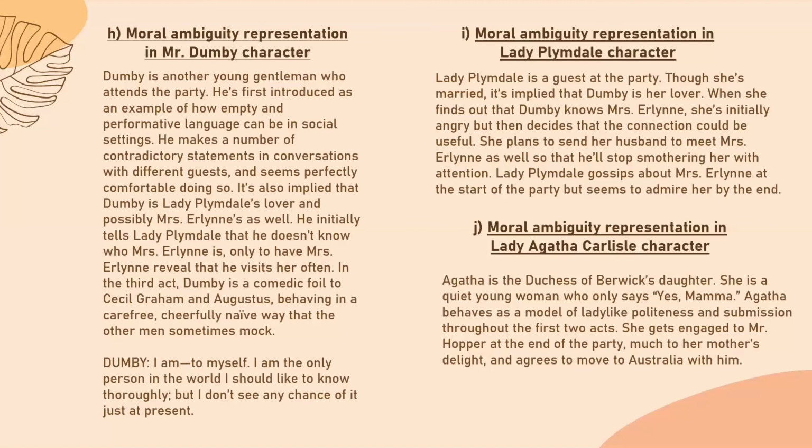She plans to send her husband to meet Mrs. Arlene as well so that he will stop smothering her with attention. Lady Plymdale gossips about Mrs. Arlene at the start of the party, but seems to admire her by the end.